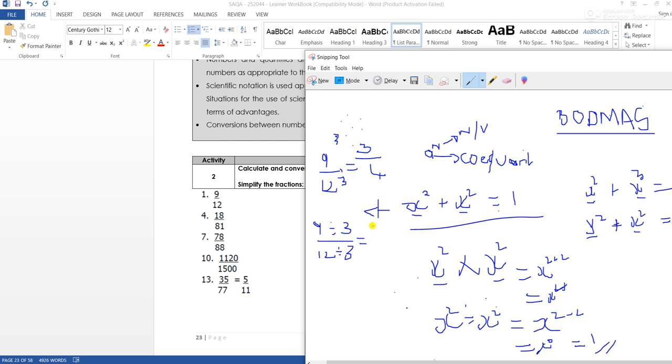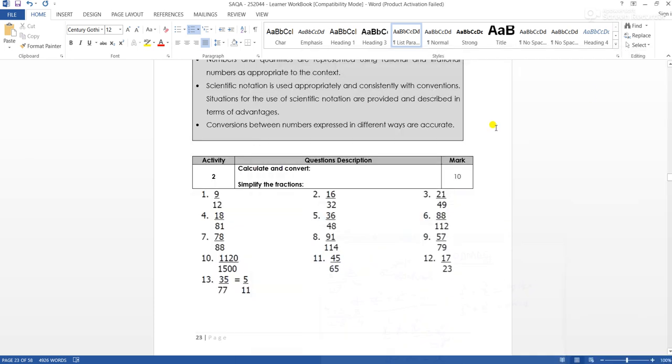This will equal 3 over 4. So we simplified it further by finding a number that is divisible into both your numerator and your denominator. You'll use that format for the rest of the questions that you're provided.